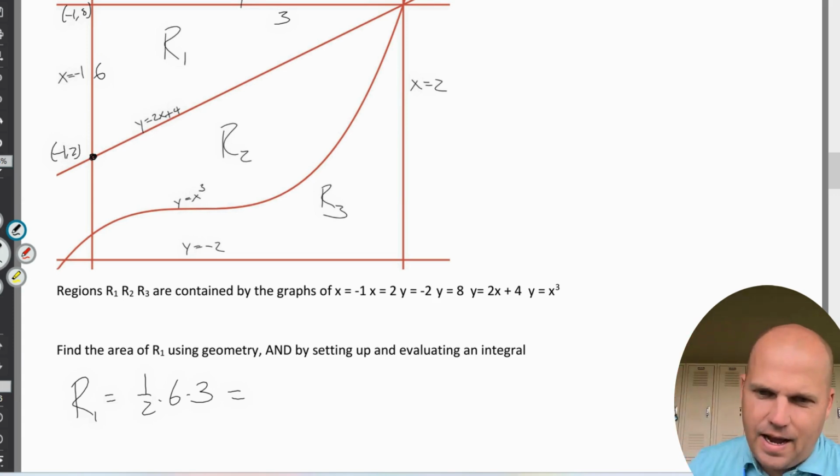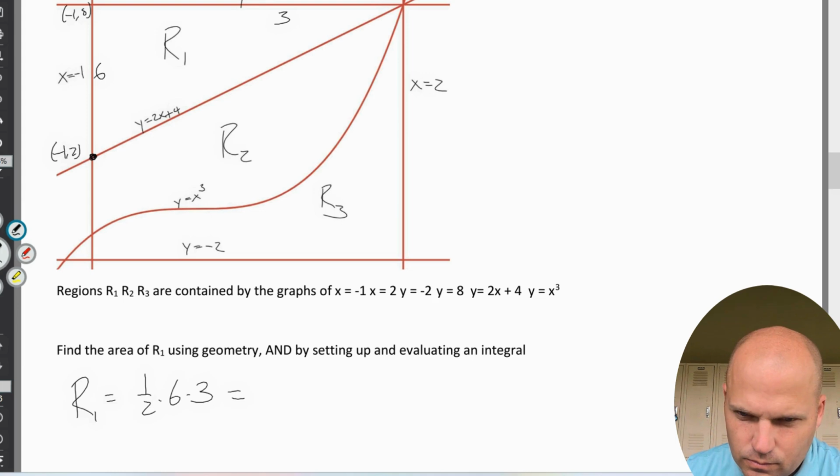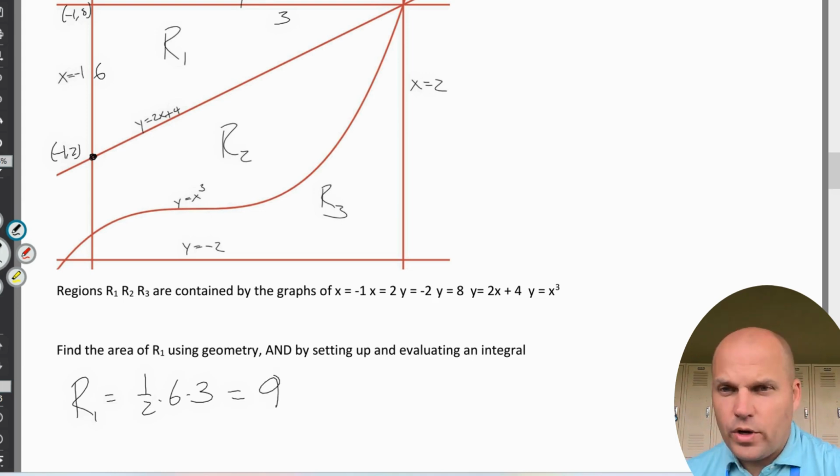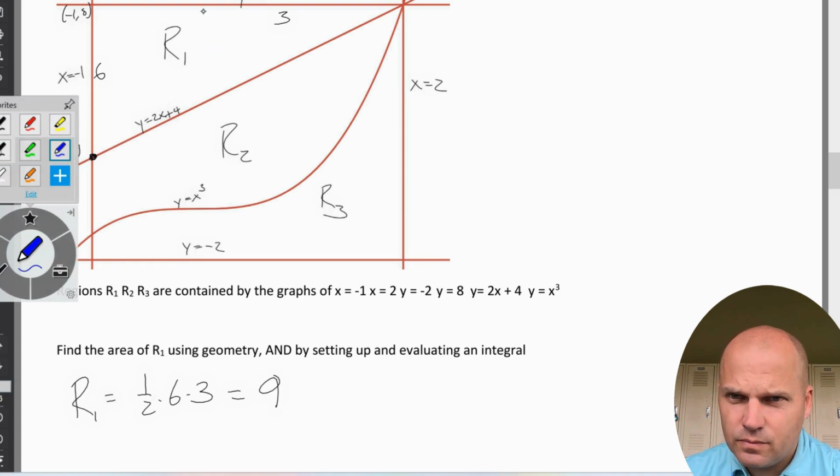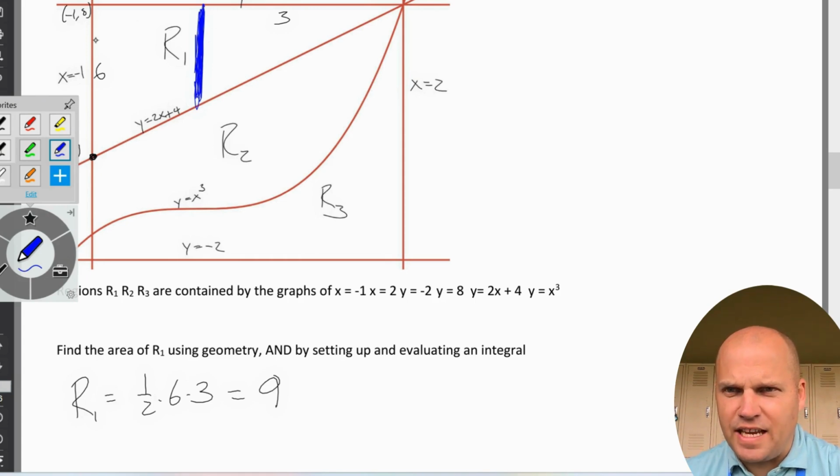Cool. Now we are going to accumulate some rectangles. Here's a rectangle. It is a representative rectangle of the infinite amount of rectangles.